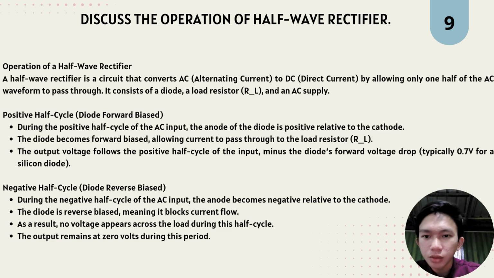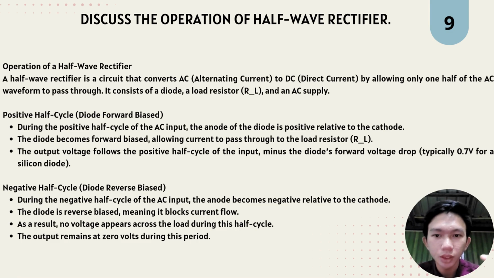A positive half cycle is forward bias. During the positive half cycle of the AC input, the anode of the diode is positive relative to the cathode. The diode becomes forward biased, allowing current to pass through to the load resistor RL, so the current flows without blocks.